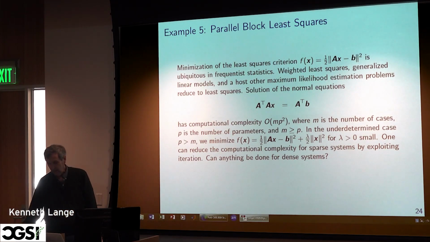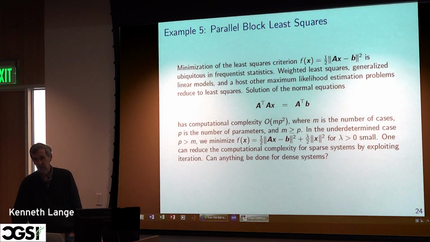Okay, and the computational complexity of this is, well, you have to form the Gram matrix. If the problem dimensions are m and p, that's m p squared operations. If you take the Cholesky decomposition of the Gram matrix, that's on the order of p cubed.